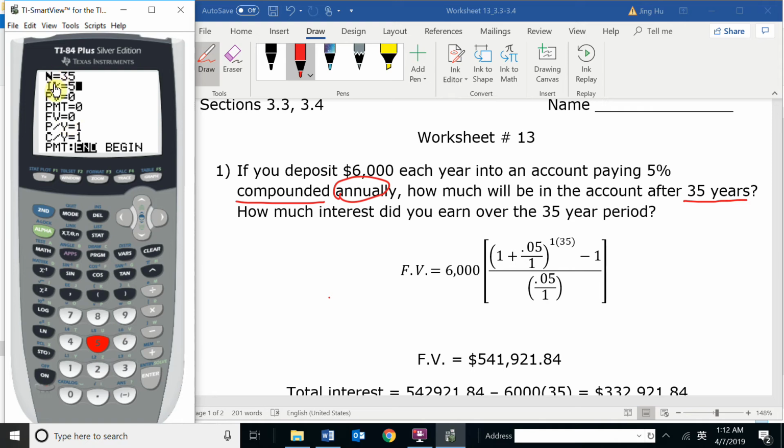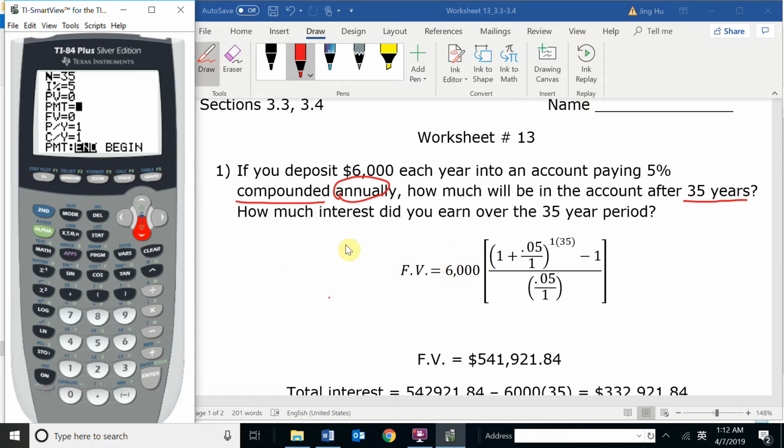Since we already have this percent symbol, we just type 5. And go down. We don't really involve present value, so stay at 0. And the payment is 6,000.